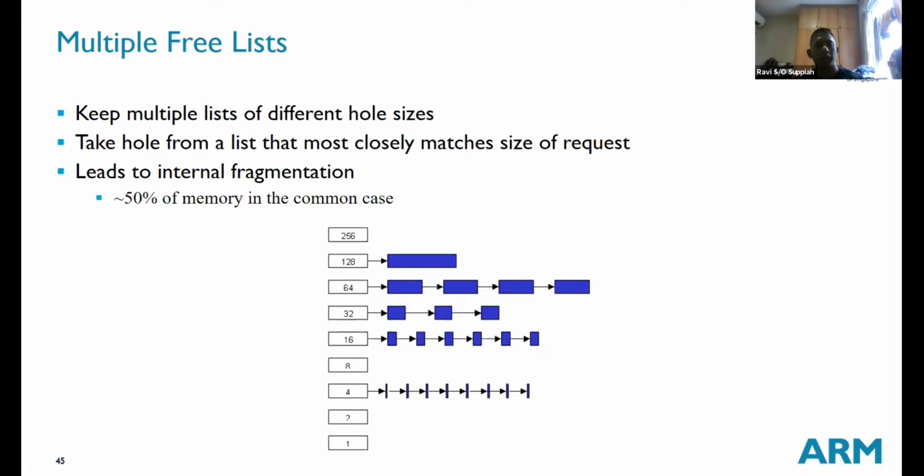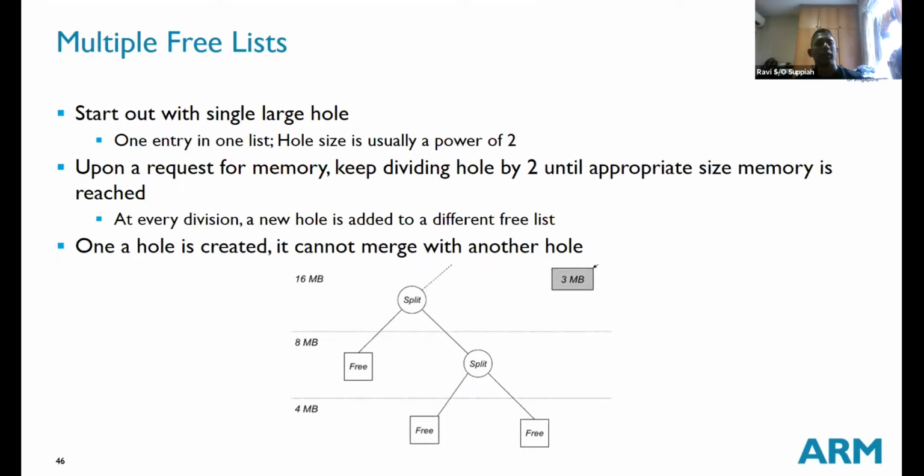For example over here, I can create memory blocks, or lists that point to different chunks of memory, and you can see they are all multiples of 2, or divisible by 2. Then I choose memory chunks that closely resemble the request that I have. Take for example over here, I request 3 megabytes of memory. If I start off with 16 megabytes, what I do is I split.